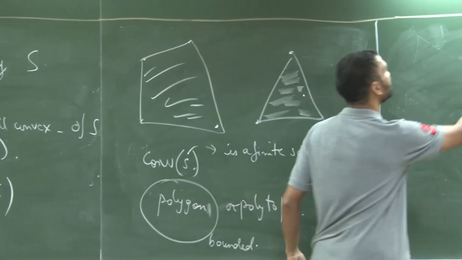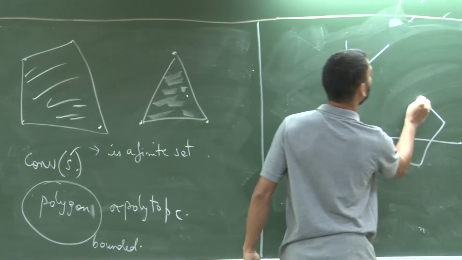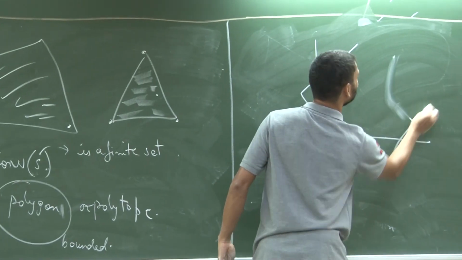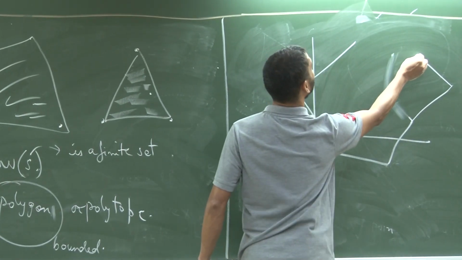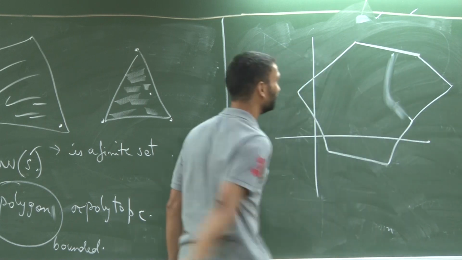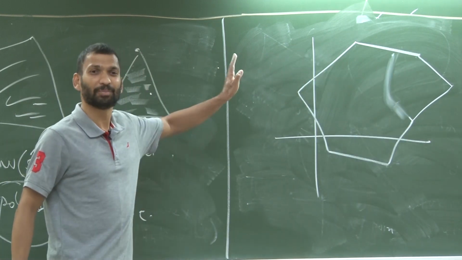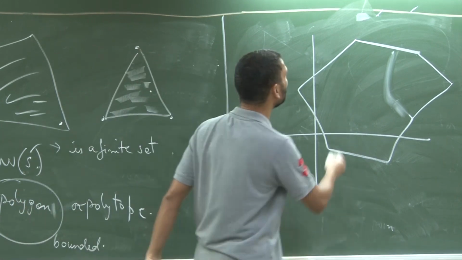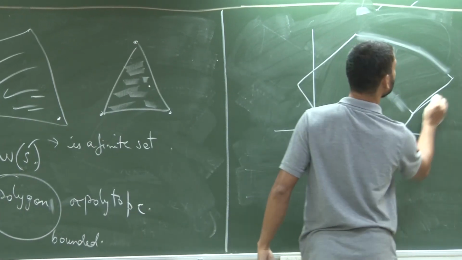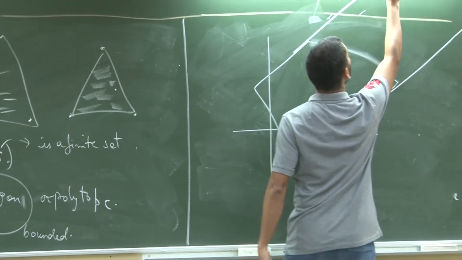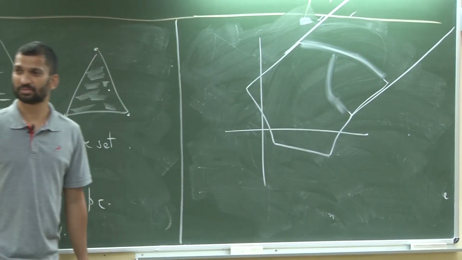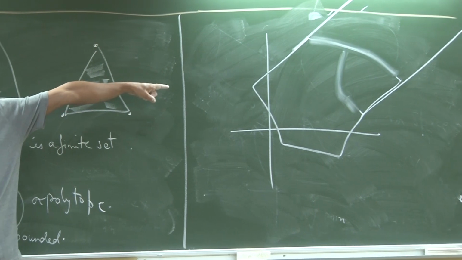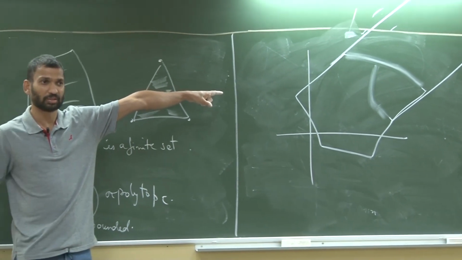So a polygon is like this. But we might sometimes be interested in convex sets which go on. The previous thing was bounded, this is unbounded.